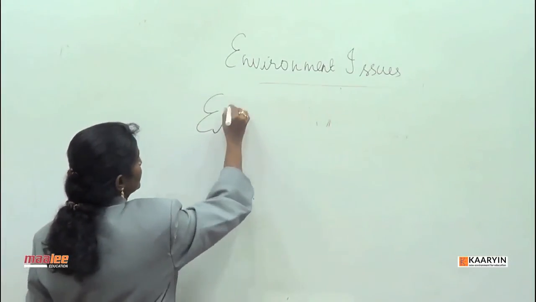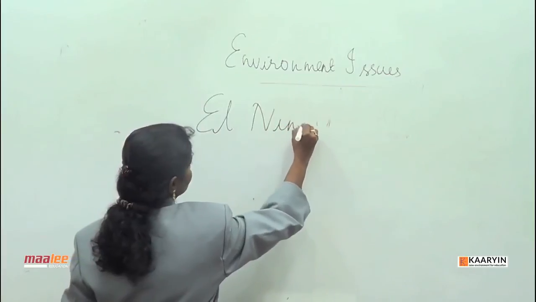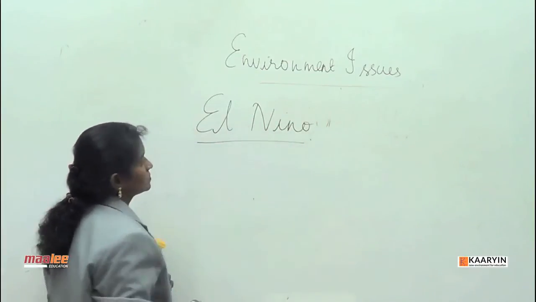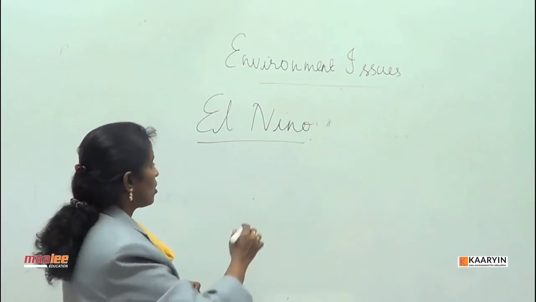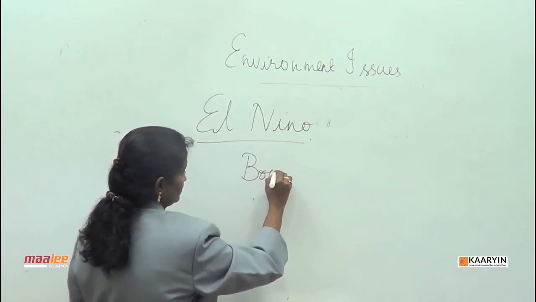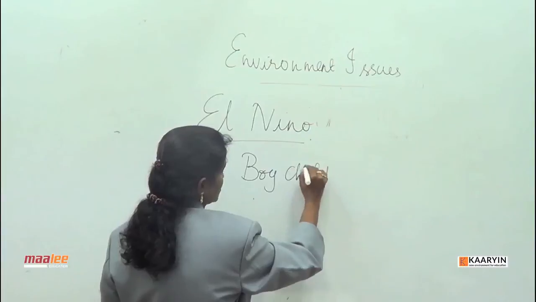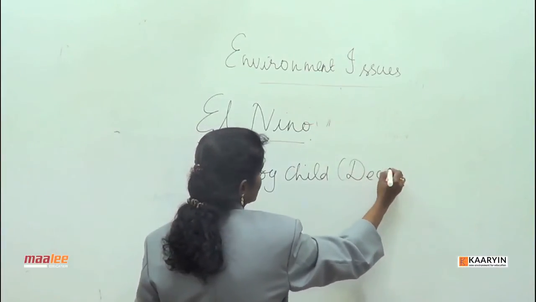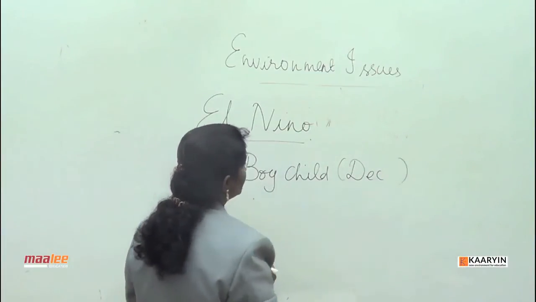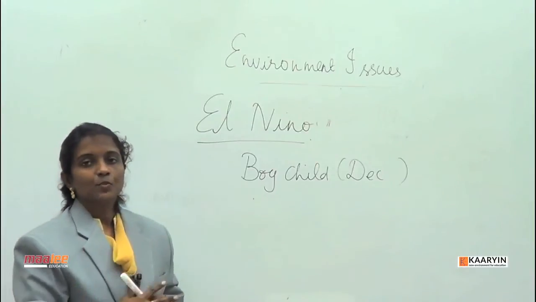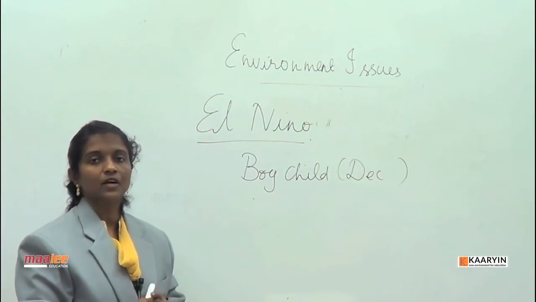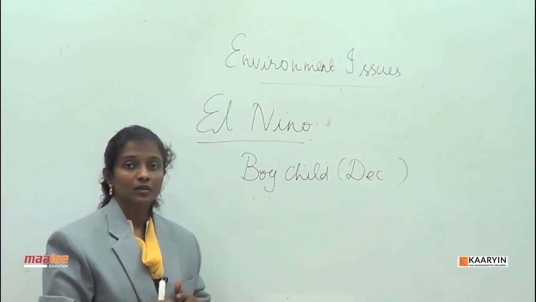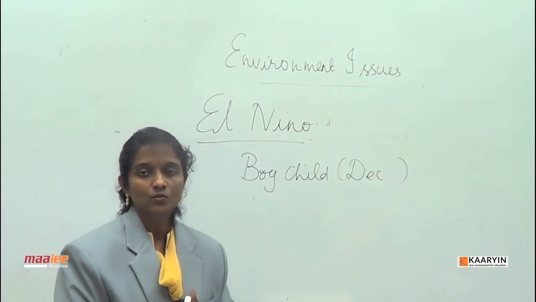Then we have to make a mention of El Nino. El Nino means boy child. So this boy child is born around Christmas, December. This is responsible for the various storms and floods that have occurred across 10 to 15 years.